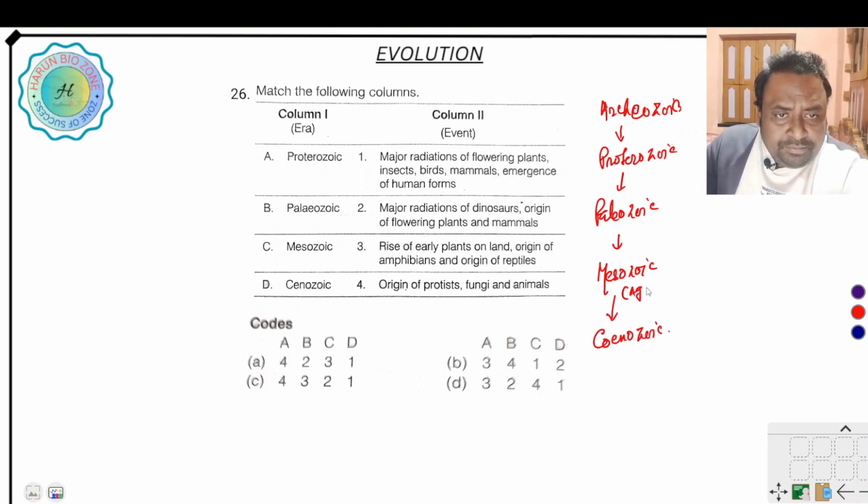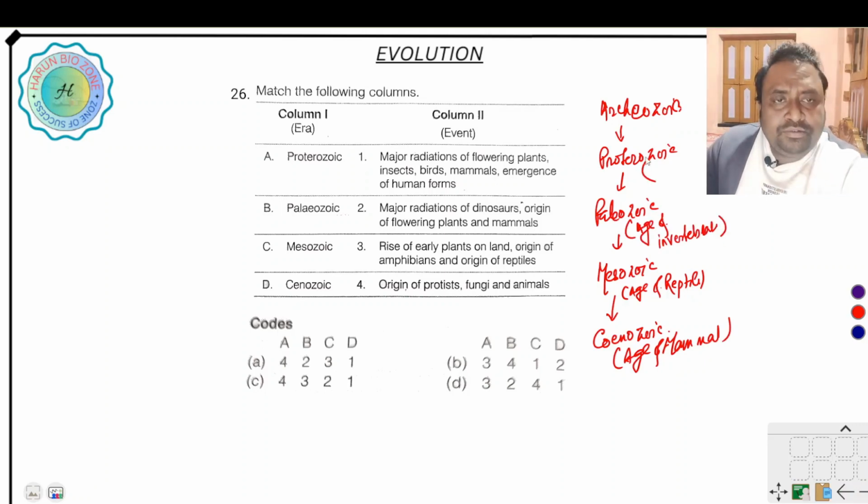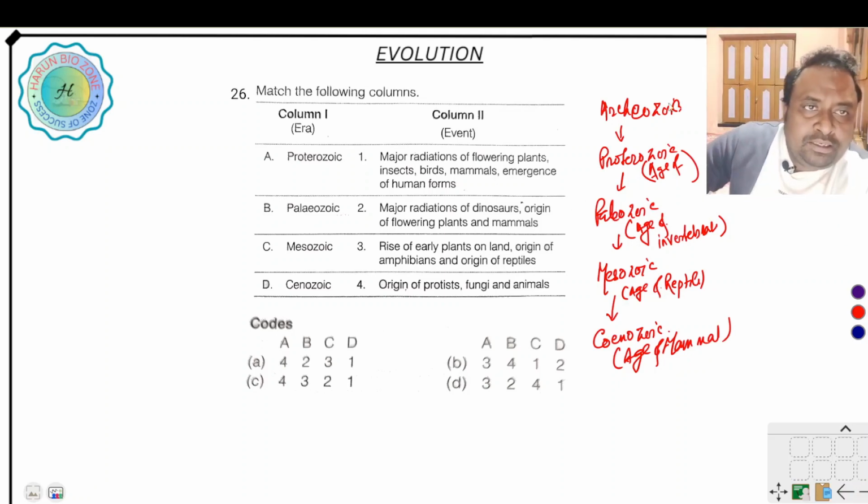Age of reptile, age of mammal, age of invertebrate, age of blue-green algae, fungi, bacteria, etc. Archaeobacteria.